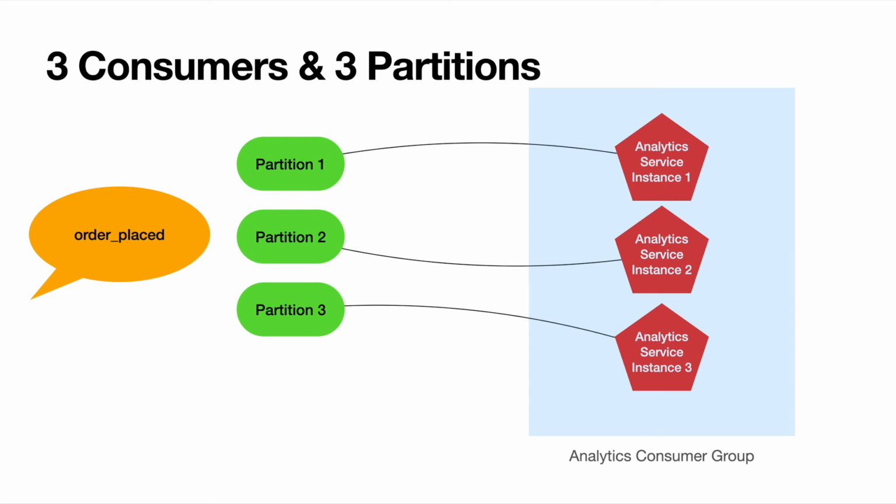If you do that, now that you have one consumer group with 3 consumers, you can have each consumer within that group consume one of the partitions. So you have 3 partitions, and 3 consumers in one consumer group.